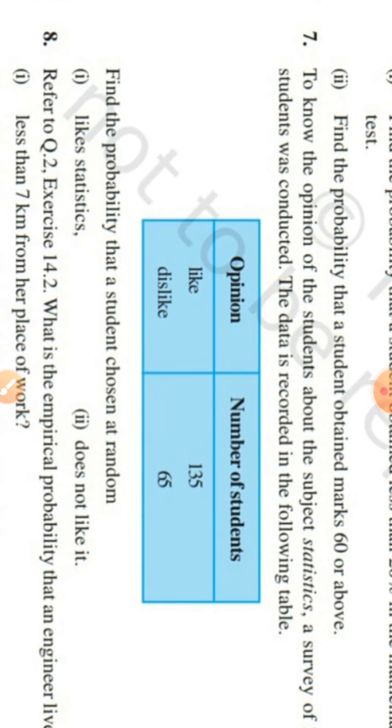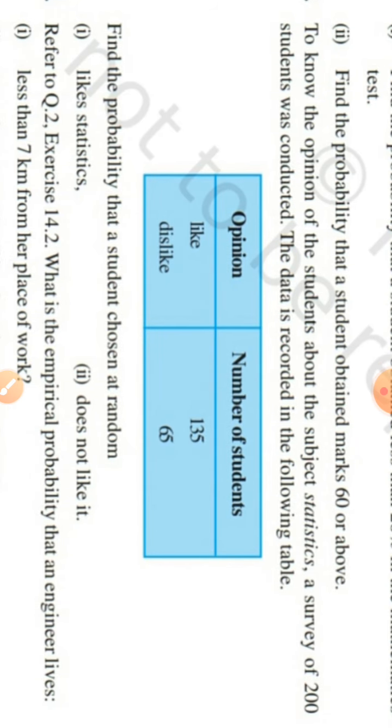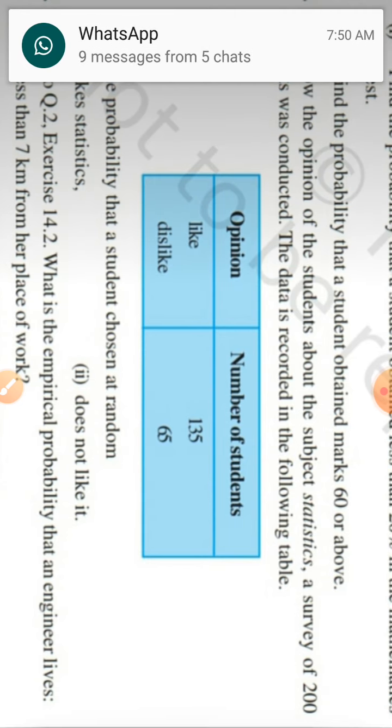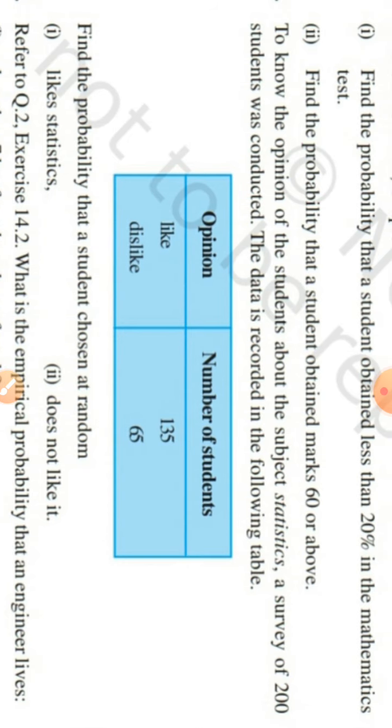Now look at number 7. To know the opinion of the students about the subject statistics, a survey of 200 students was conducted. The data is recorded in the following table. Now 200 total students are there. Whether they like a particular subject, statistics.